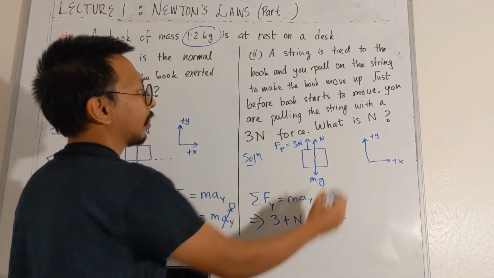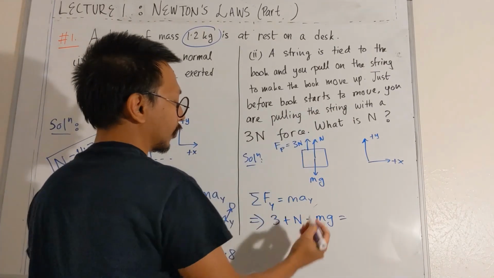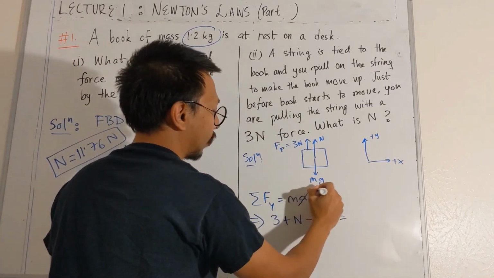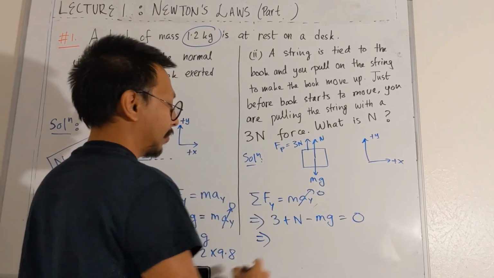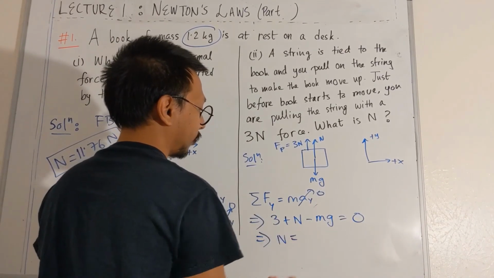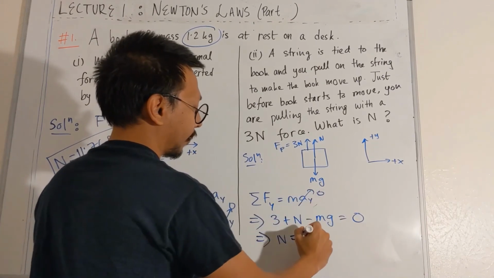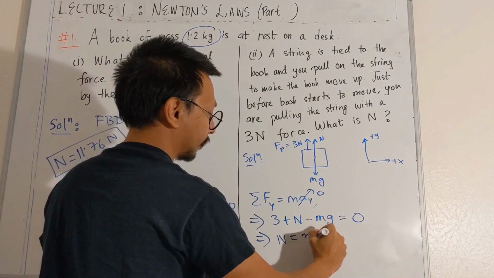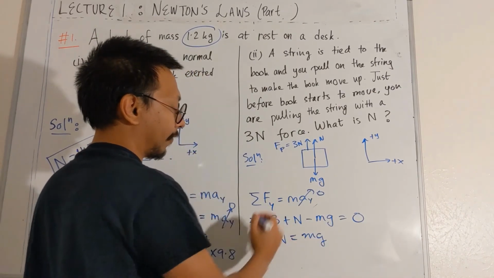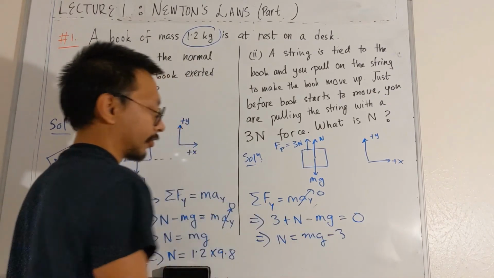And again, just before the book starts to move, so still not moving, so again acceleration in the y direction is 0. So solve for N: add mg to both sides first, and then subtract 3 from both sides, we get mg minus 3.